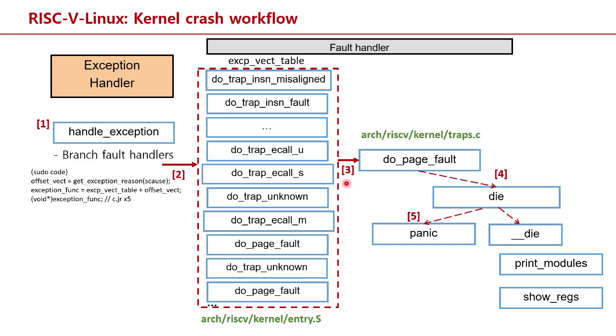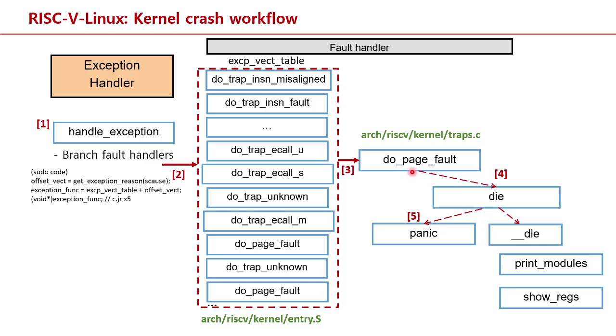This is the third step. If you go to the definition of this symbol, you can see that it contains the list of callback functions. These functions can be called from the handle_exception function. In this case, this workflow is based on the assumption that a memory overwrite occurs in your system. In this case, the call to the page fault handler is made.